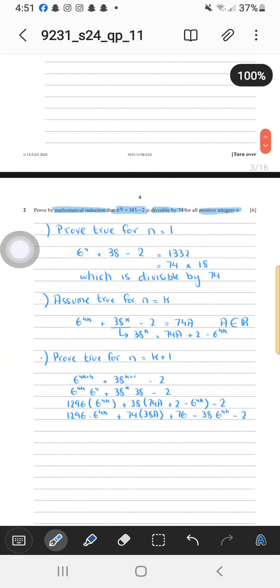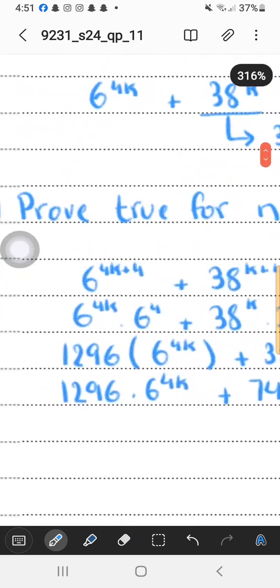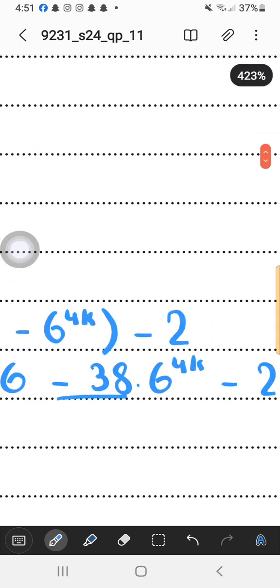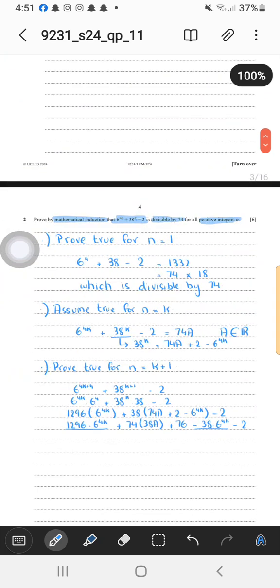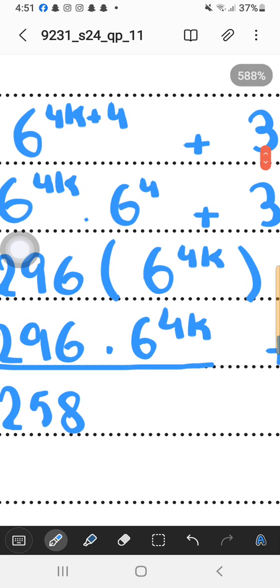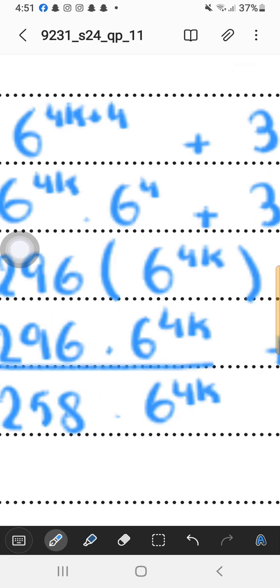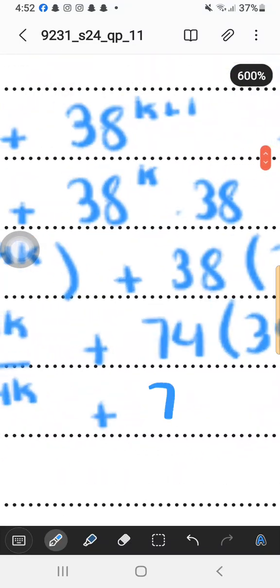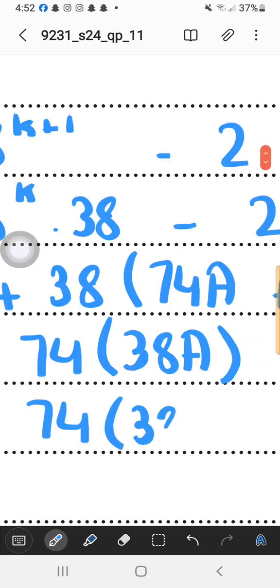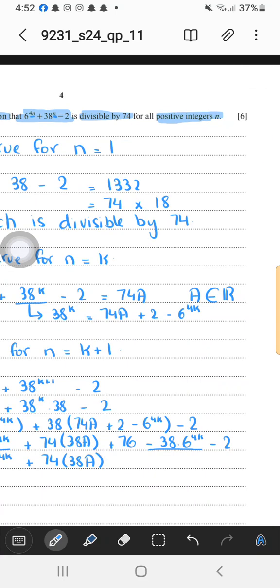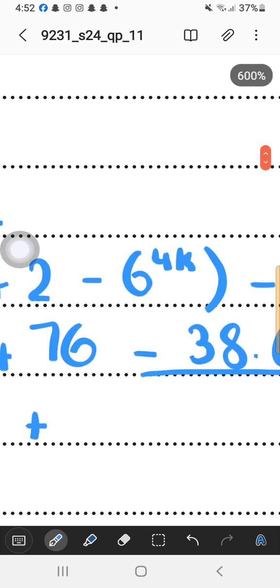Here you can identify 1296 dot 6^(4k) and minus 38 dot 6^(4k). So subtracting, 1296 minus 38 becomes 1258 dot 6^(4k), and then plus 74 times 38a, and there is 76 and minus 2, so it becomes 74 plus 74a.